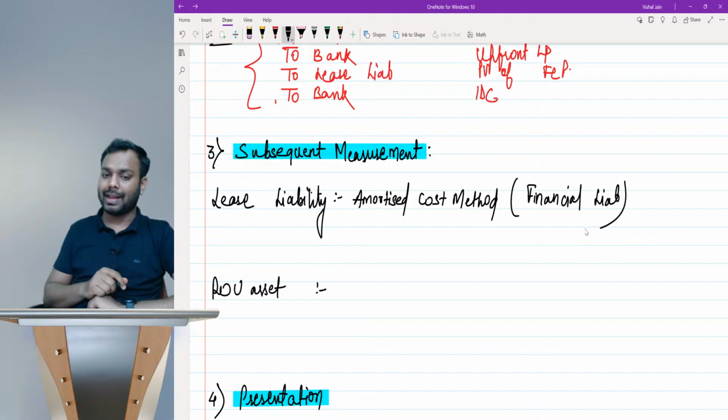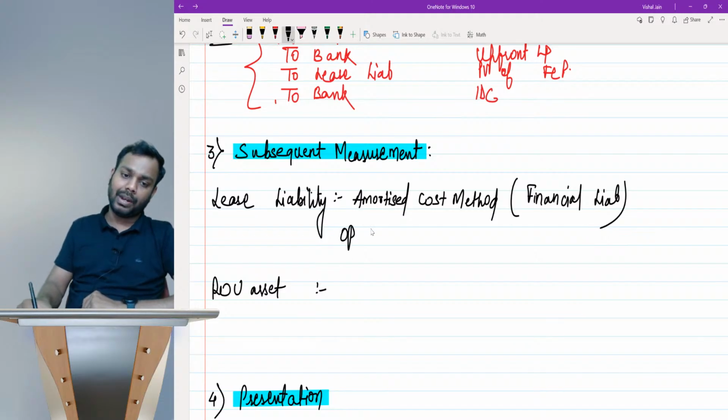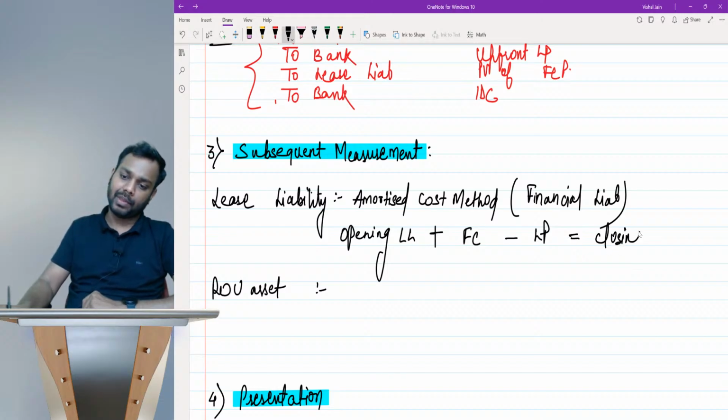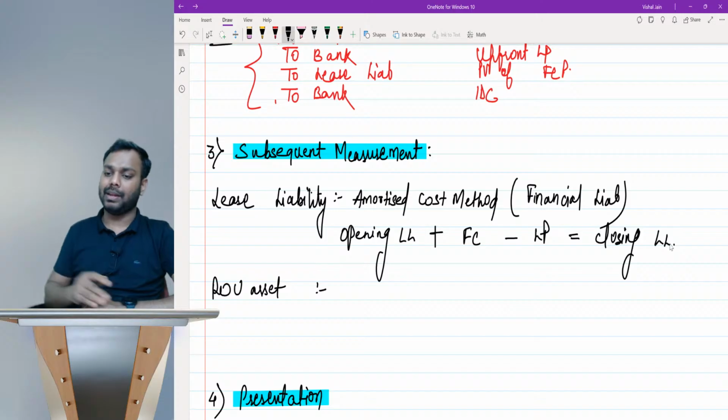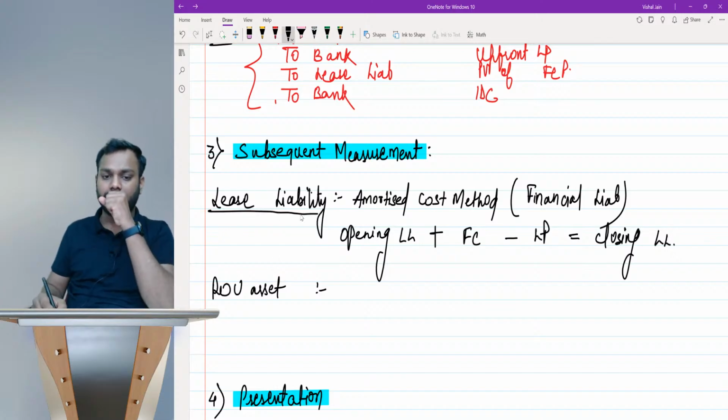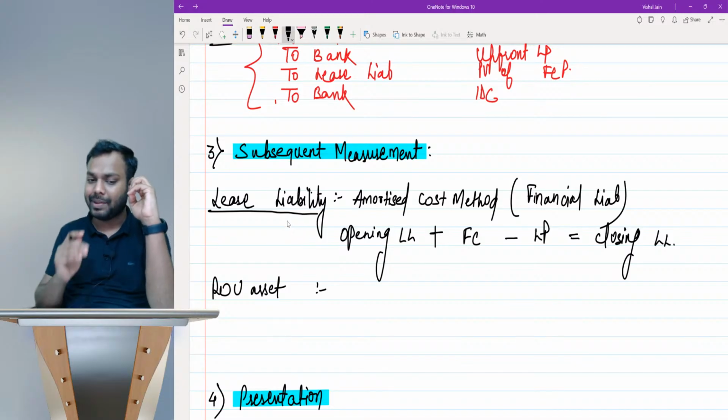Similarly we will recognize lease liability also. That is, opening lease liability plus finance costs minus lease payments equals closing lease liability. Are you able to recall this, guys? Tell me, are you able to recall this? How to measure the lease liability subsequently?